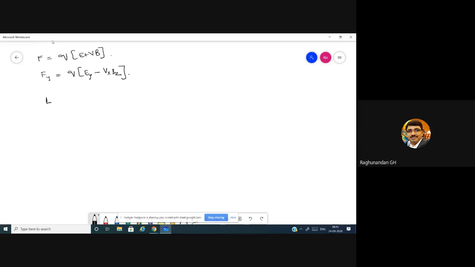What is Ey? Ey is the electric field along the y-axis. This is given by Ey is equal to Vx into Bz, the product of the drift velocity and the magnetic field.